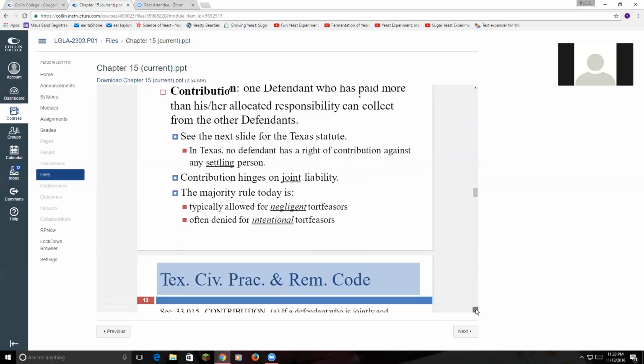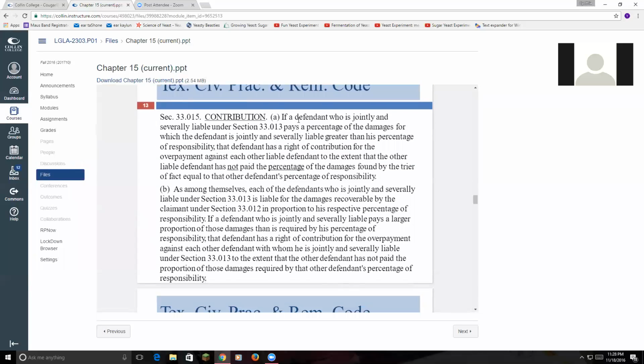Here is the statute. If a defendant who is jointly and severally liable pays a percent of the damages for which the defendant is jointly and severally liable greater than his percentage of responsibility, that defendant has a right of contribution for the overpayment against each other liable defendant to the extent the other defendant has not paid the percentage of damages found by the trier of fact equal to the other defendant's percentage of responsibility.